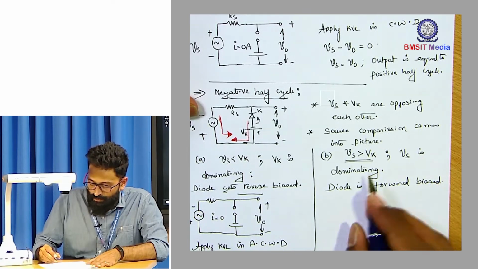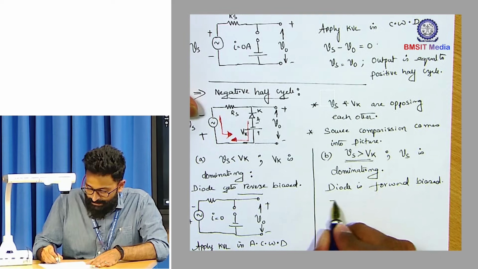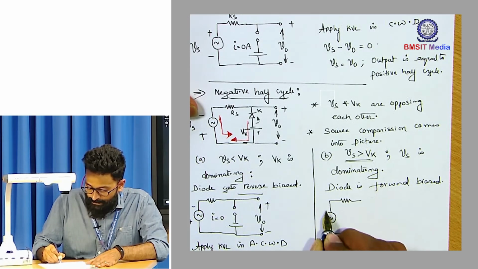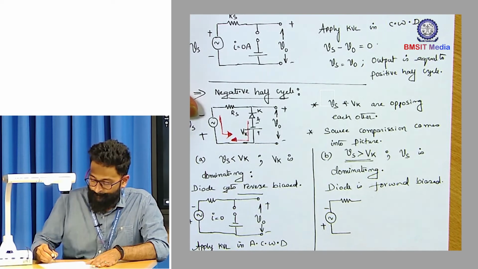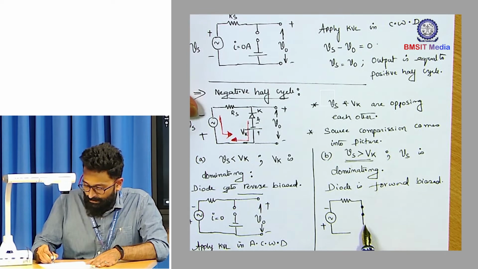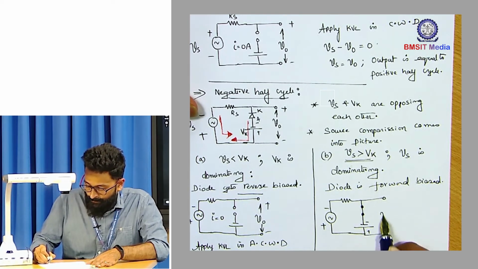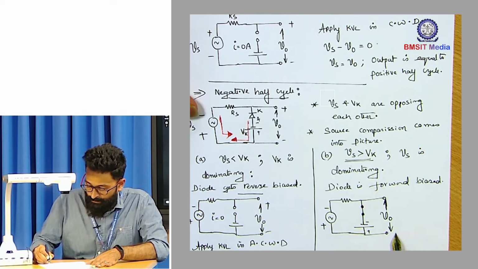When the diode is forward biased, the equivalent circuit looks something like this. The diode is forward biased, hence short circuit across the diode. And this is V naught.